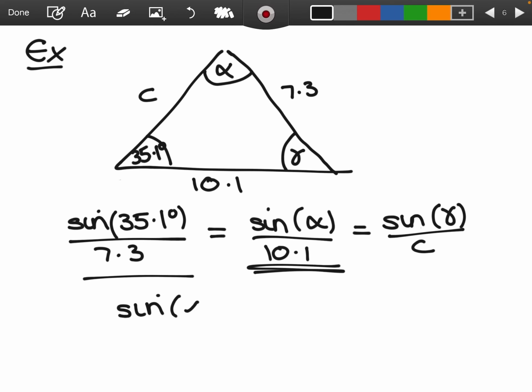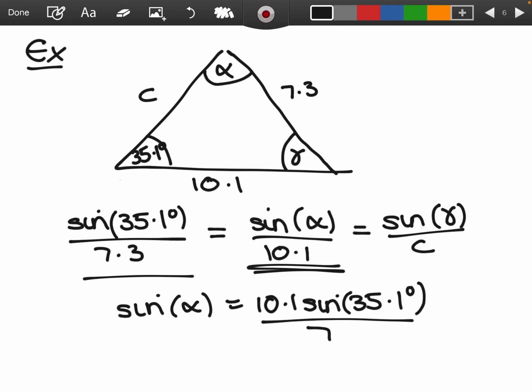So that tells me that sine of alpha will equal 10.1 times sine of 35.1 degrees divided by 7.3. And if you go ahead and figure that out, you should get 0.79556. So we know that at least one triangle is going to be possible here because sine of alpha is within the range -1 to 1.